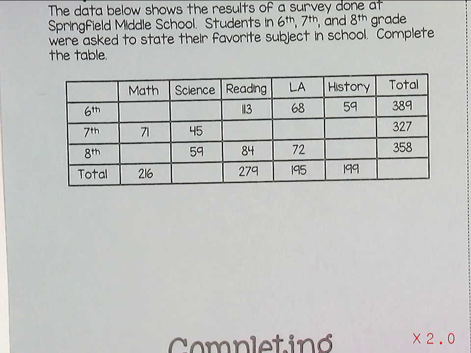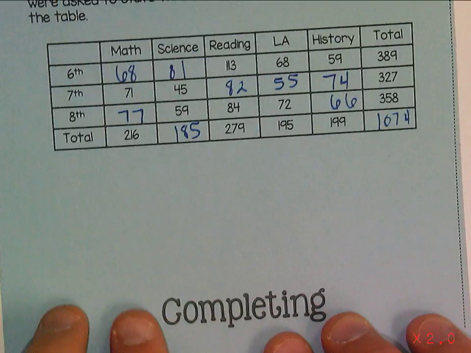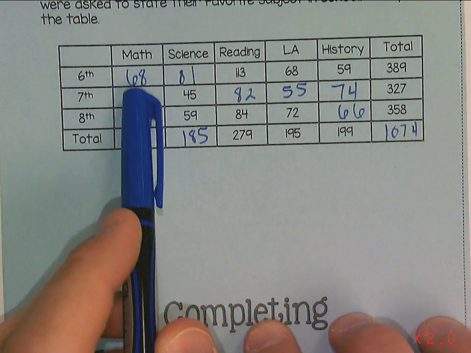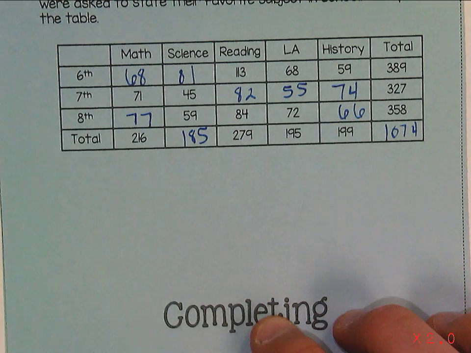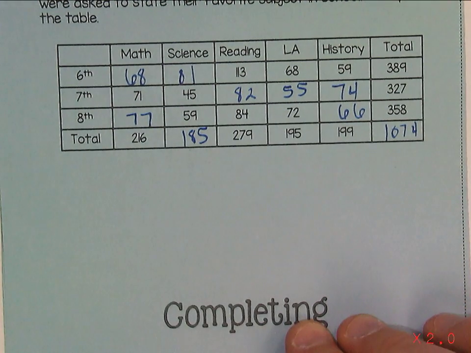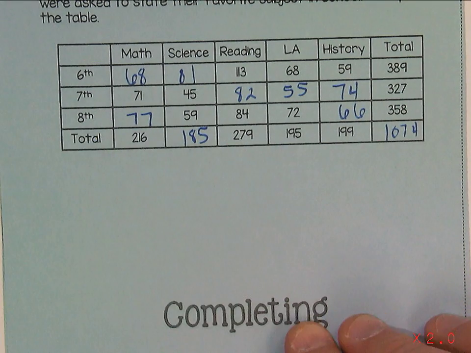Alright, then since you have filled it in, go ahead and check your numbers and they should come out to what I have in here. So in the 6th grade one, you should have had 68, 81. In the 7th grade row, you should have had 82, 55, 74. In the 8th grade one, 77 and 66.